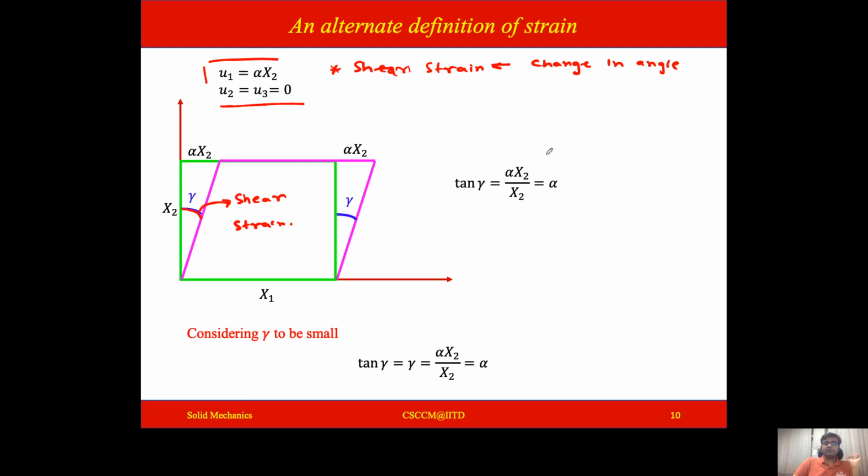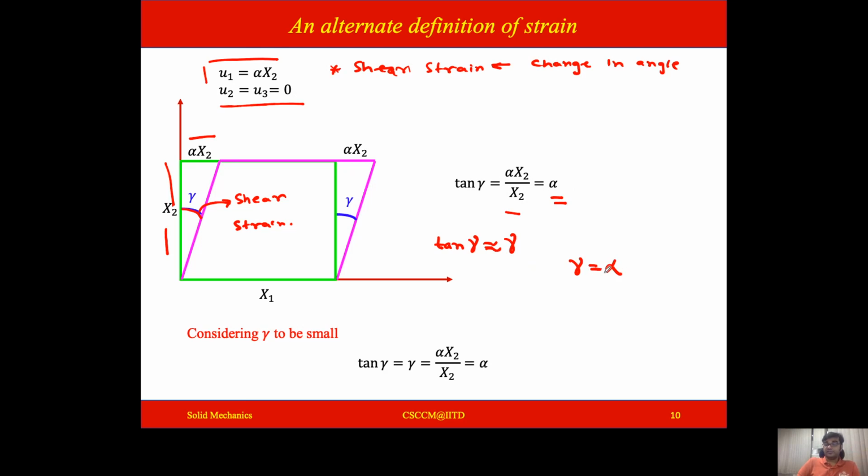Now, if I have to compute tan of gamma, if I take this angle, that is alpha x2 divided by this length, x2, so that is equal to alpha. Now, if we go into the small strain consideration, tan gamma is approximately equal to gamma, in which case gamma is equal to alpha.